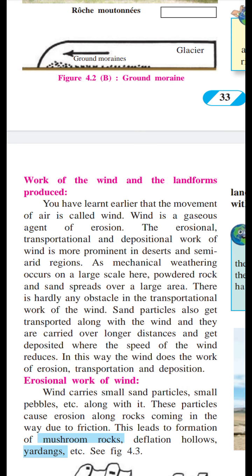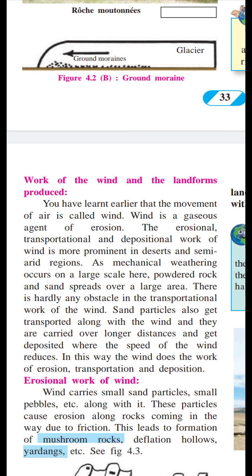Sand particles also get transported along with the wind. When winds blow, sand particles also flow with the wind, and they are carried over a long distance and get deposited where the speed of the wind reduces.